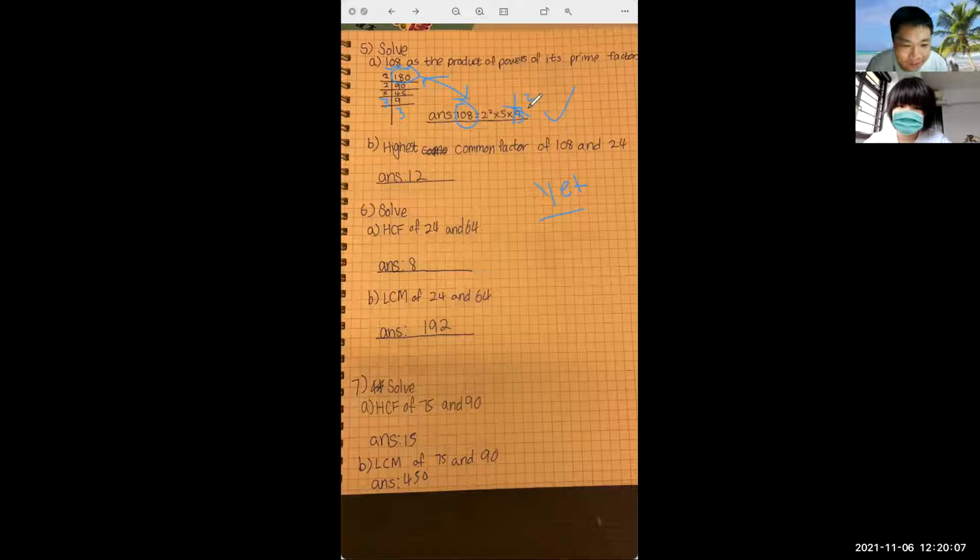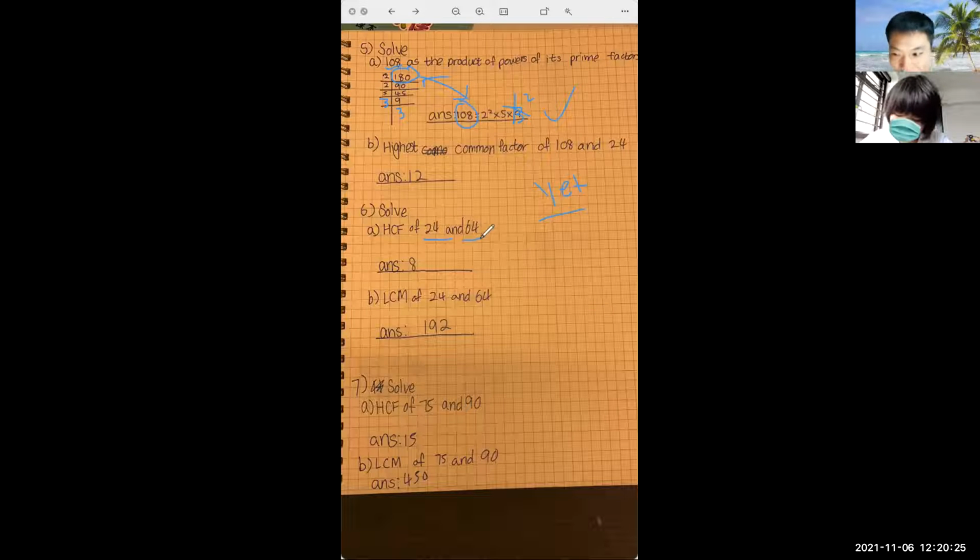Okay, once again. For question 5, let's talk about 6, because for question 5 you already copied the question wrongly, so your answer is definitely wrong. Let's look at 6. Okay, 24 and 64.